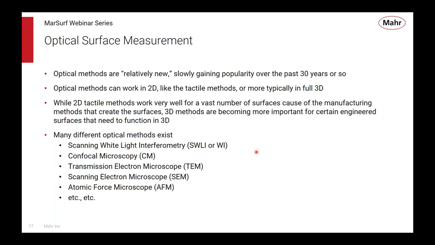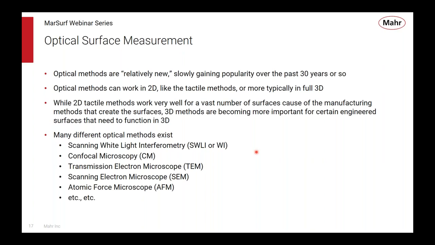So if I have a turned part, a turned shaft, and I take one 2D trace on it, any 2D trace is probably a lot like the next one that I would take if I rotated the part a little bit, because they all got created by a common process. And that's part of why 2D methods work very well for a lot of the typical manufacturing processes. You think turning, grinding, the surfaces are very symmetrical or similar as I go around the part. So the 2D methods typically work quite well.